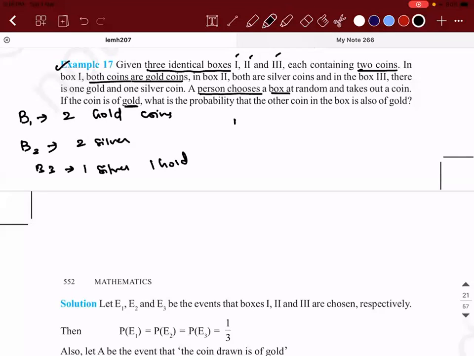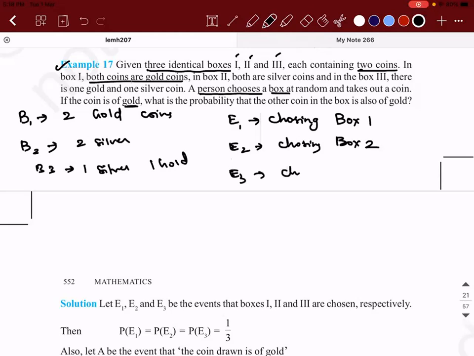So tell me, how many events am I supposed to define for this question? What is the sample space here? The sample space is all the 3 boxes. Event 1 is choosing box 1. What about event 2? Choosing box 2. What about E3? Choosing box 3.